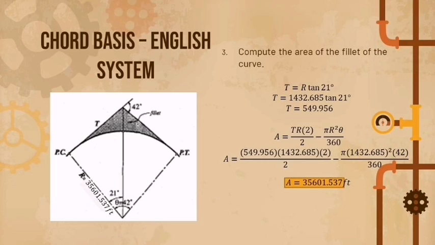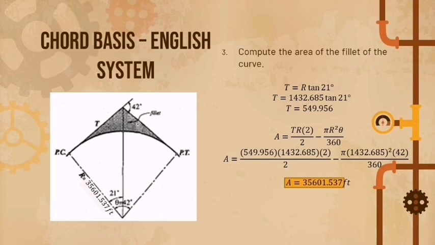And for the last number of chord basis English system, number 3, compute the area of the fillet of the curve. So T equals R tan 21 degrees. The value of R is 1432.685. After substituting it to the formula, we will get the answer of 549.956.